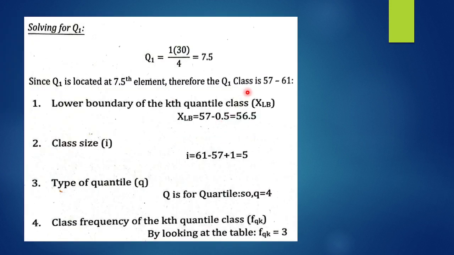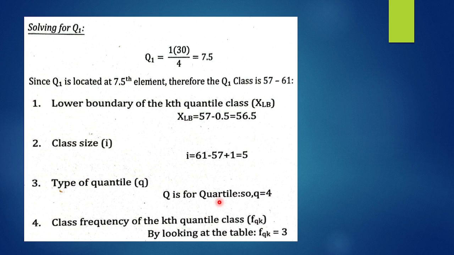So since it is 57, it would become 56.5. Then after that, our class size is just 5. And then the type of quantile, or the Q, is of course Q for quartile. So Q is 4. Okay? That is the type of quantile.